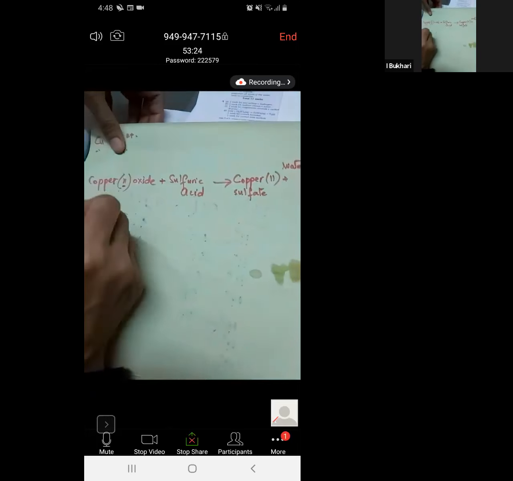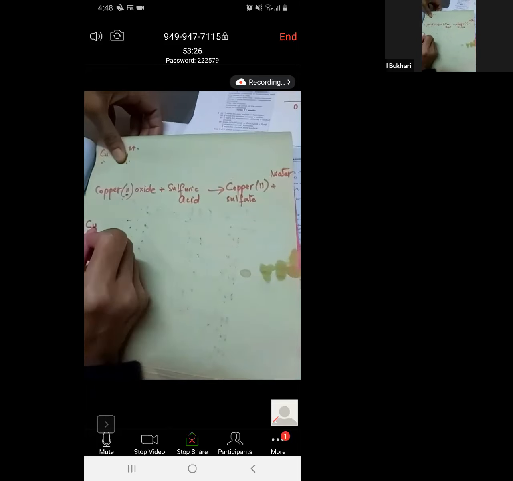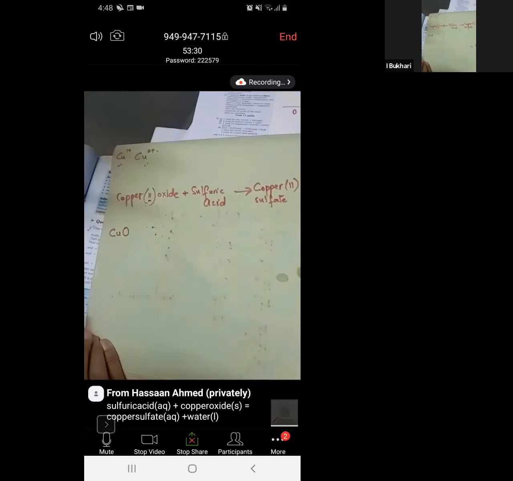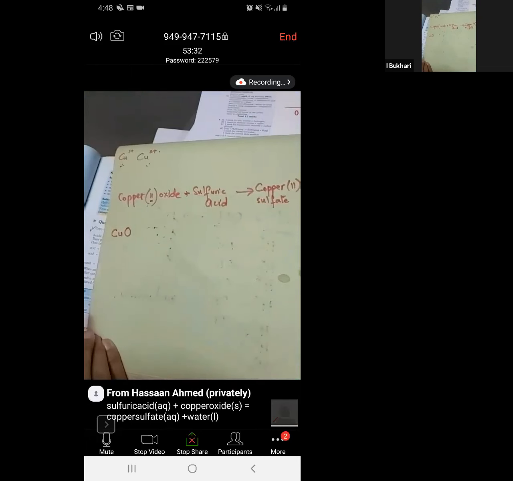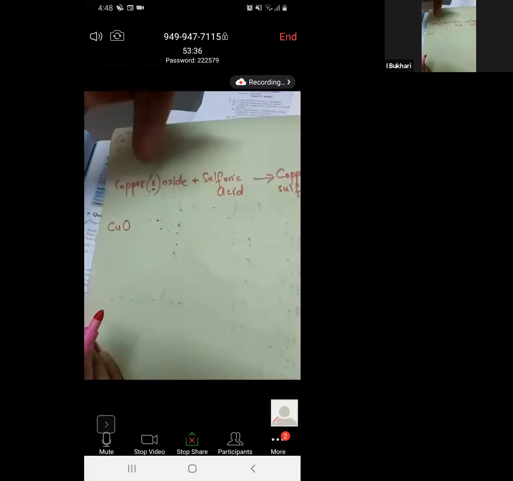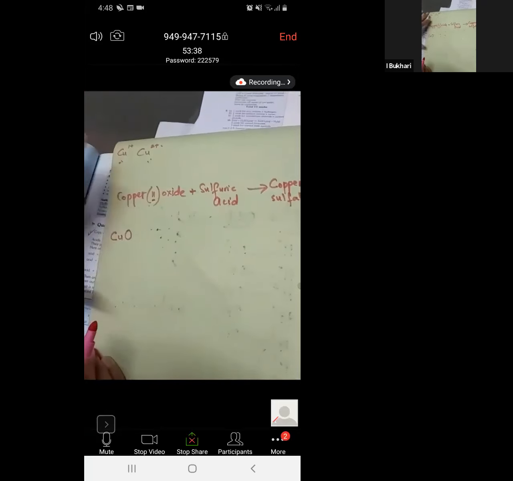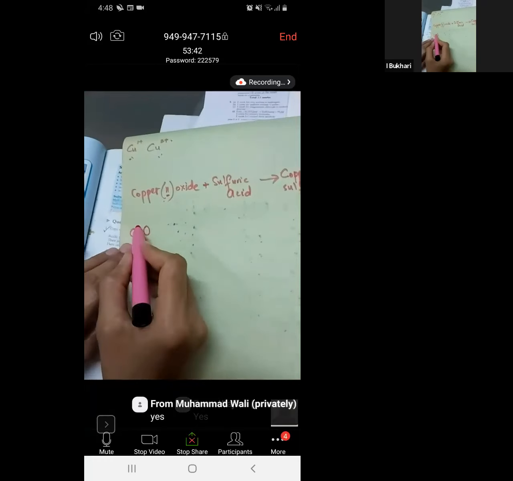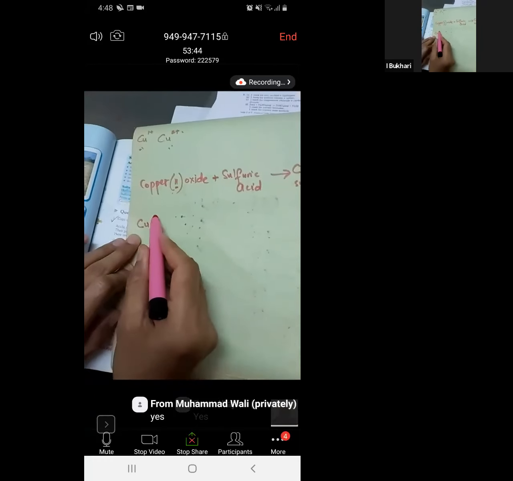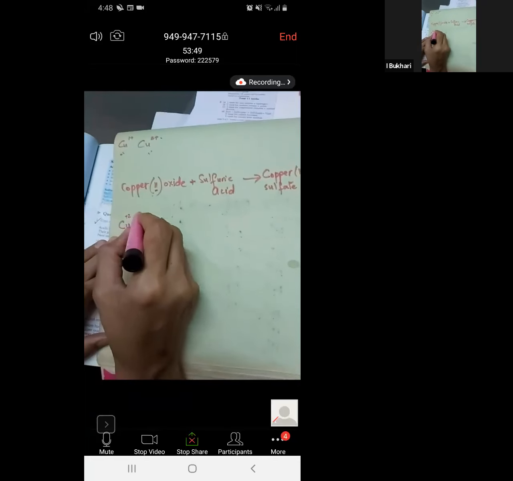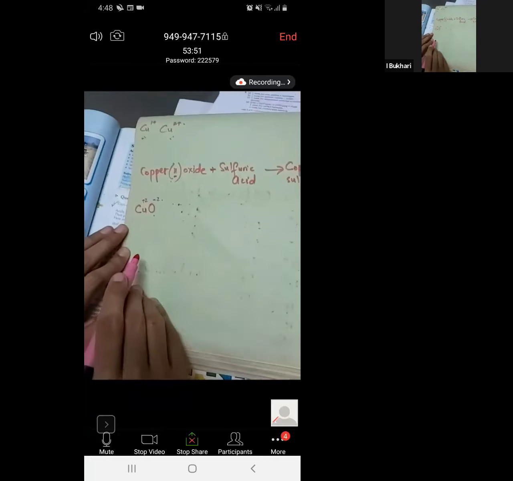Now my chemical equation would be copper(II) oxide. I hope you guys know how to write formulae, not symbols, formulae. The oxidation state of copper is +2. The oxidation state of oxygen is -2.